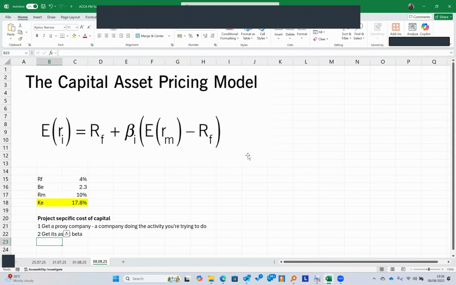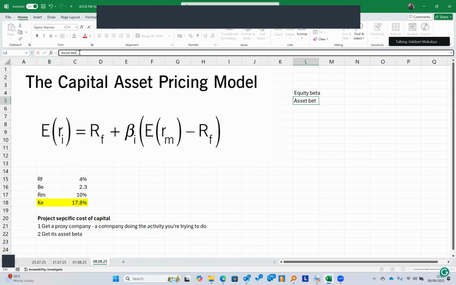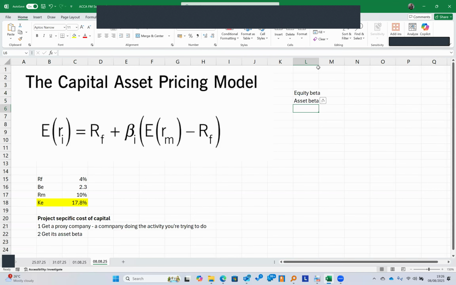Now, that brings us to the asset beta and equity beta. So the equity beta, first of all, beta in this case represents how risky the project is relative to the market.